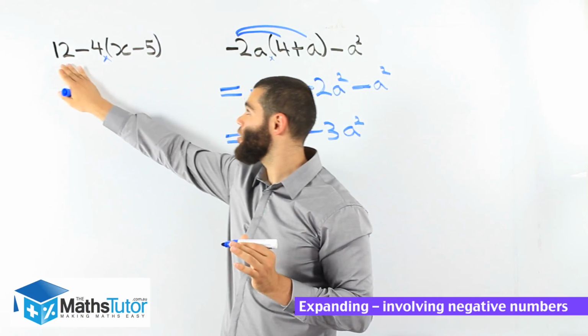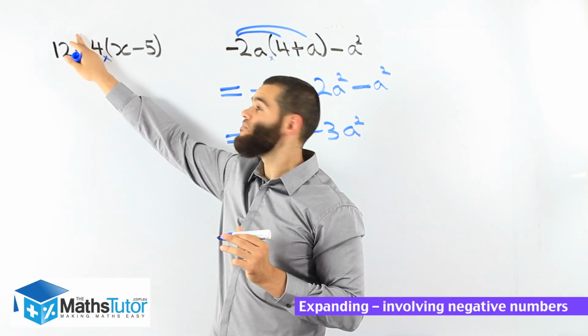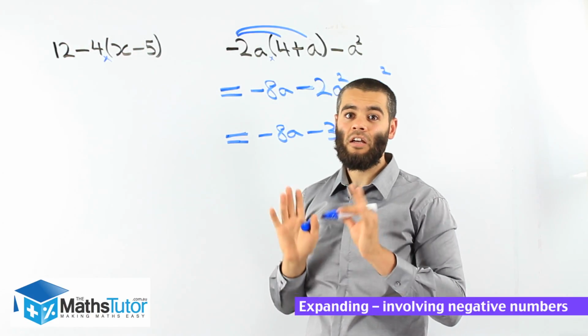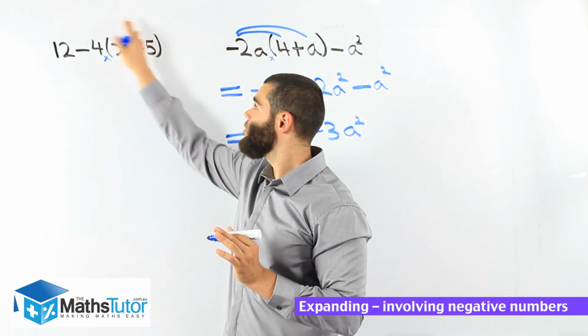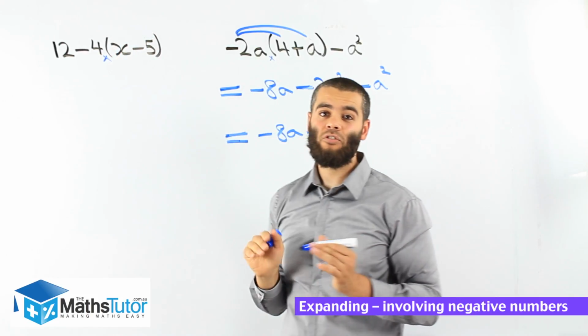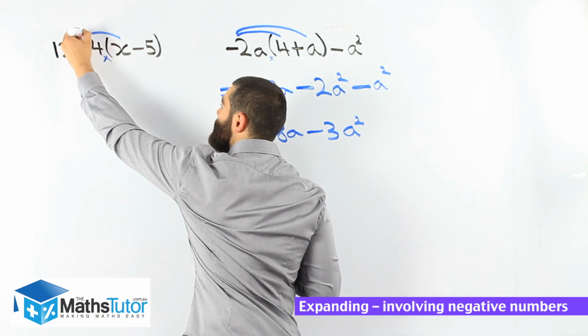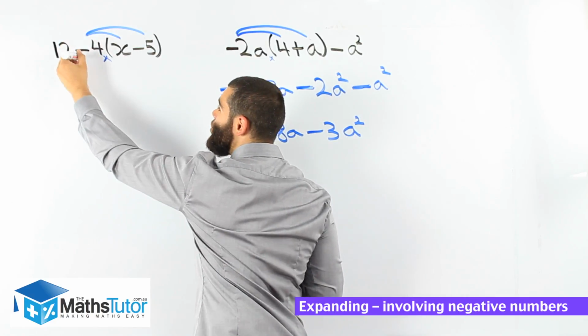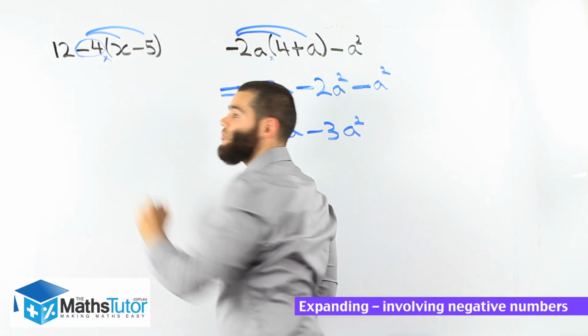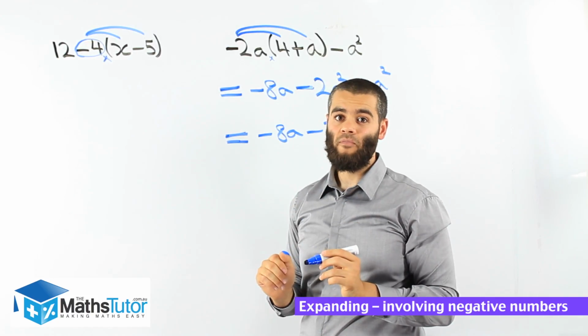I've seen students go 12 take away 4, they get 8, and then they times everything in the bracket. No, you have to expand, do the multiplication first, then do addition and subtraction. So here we have negative 4. It's not 4, it's negative 4.